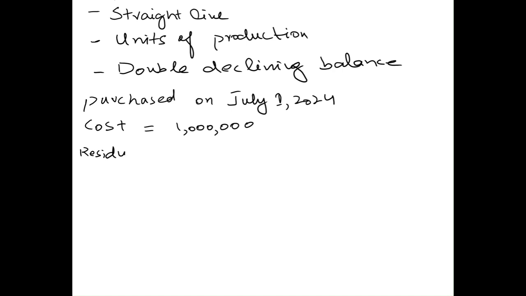Residual value is $200,000, and the useful life of the asset is 4 years. And so what we are going to do is prepare the depreciation schedule for this asset for its life using the three depreciation methods.